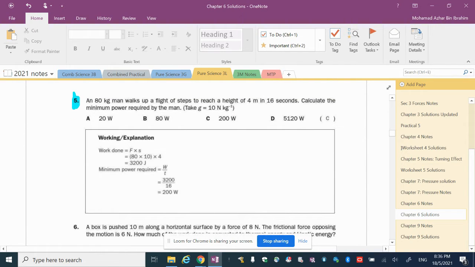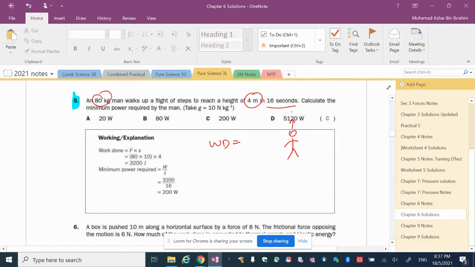All right, this one also quite simple. An 80 kg man walks up a flight of stairs to reach a height of 4 meters in 16 seconds. So you just need to calculate the work done by the man in the first place. All right, the work done by the man is the minimum he needs to apply to be able to move upwards.